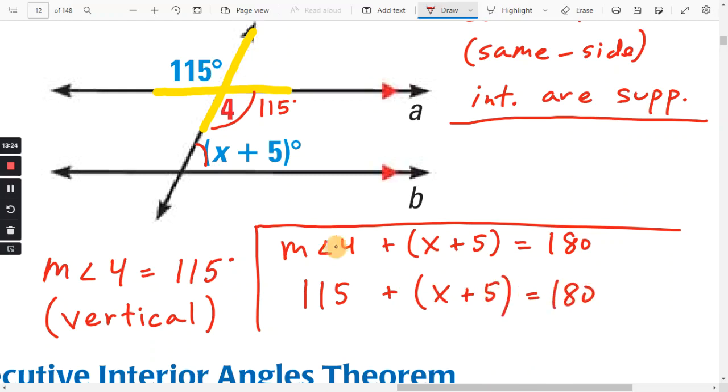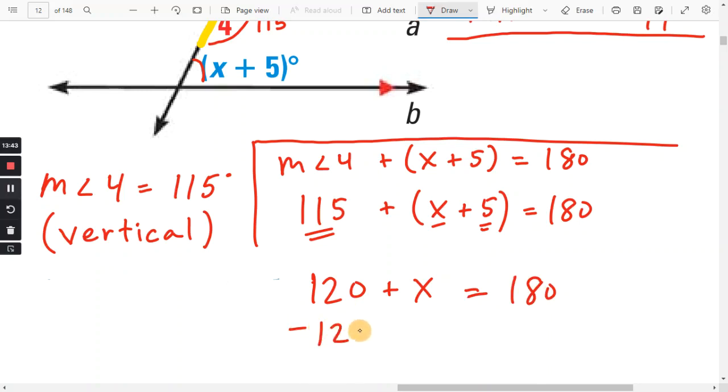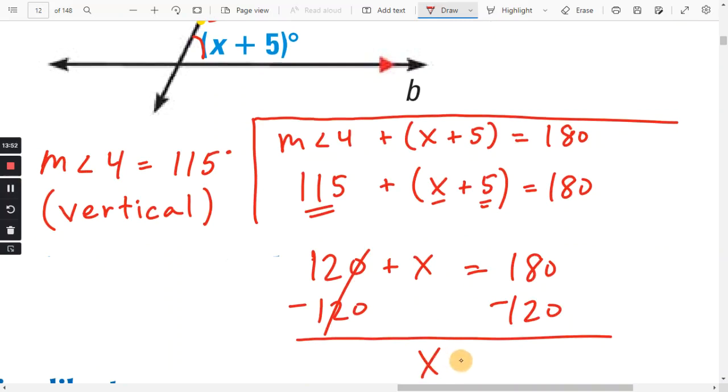Okay, you could have done this in one step. I just wanted to write out the equation for you. Combining the like terms, 115 plus 5 is 120. And we still have plus X equals 180. Okay, and clearly some of you can do this in your head if you just subtract 120 on both. The 120s cancel. All right, you bring down the X, and of course 180 minus 120 is 60.